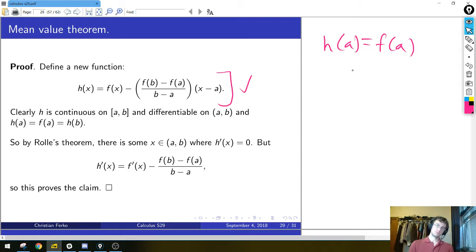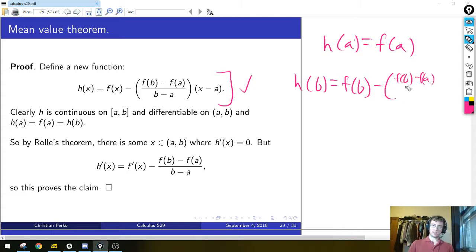And relatedly, let's see. So I'm thinking about what occurs at x equals b. Good, so let's write that out. h of b is f of b minus f of b minus f of a.